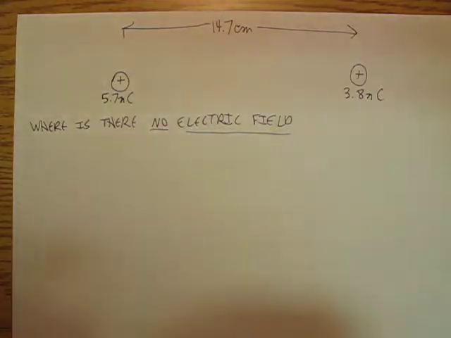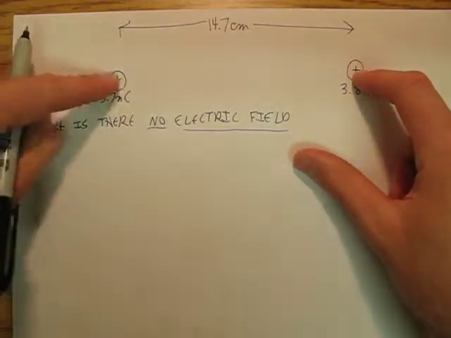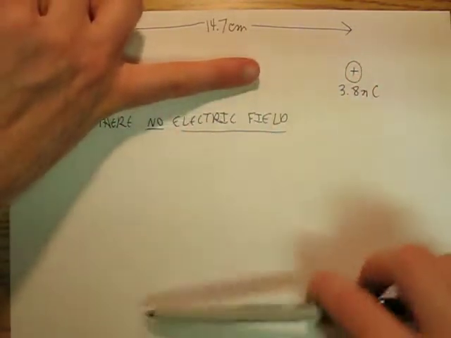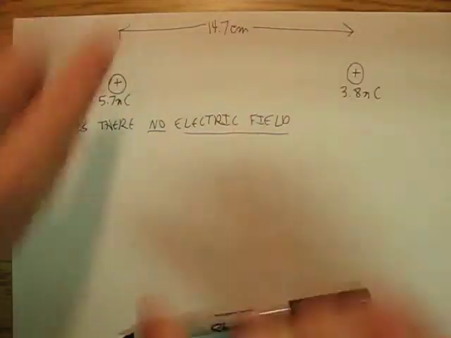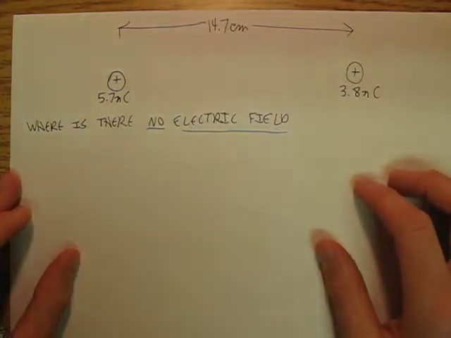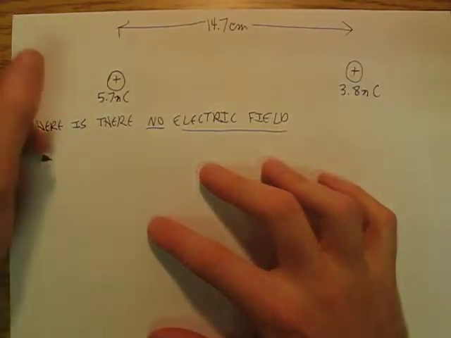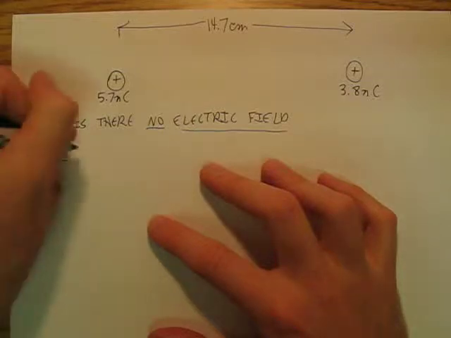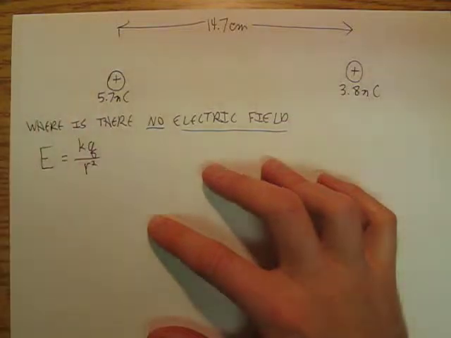But because they are vectors, at some point in the middle you're going to have a vector pointing this way, and another vector pointing that way, and the two vectors are going to completely cancel out, and at that point there's going to be no electric field. Well, we have the electric field for a point charge is kq over r squared.